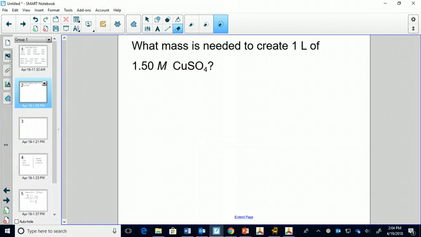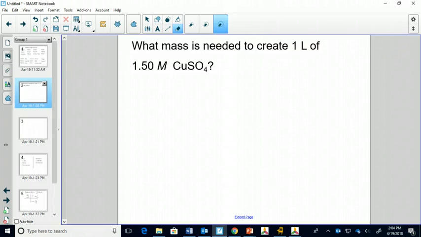We're on page 44. We're looking at how you would prepare a molar solution. The question would look something like this: what mass is needed to create 1 liter of 1.5 molar copper 2 sulfate?